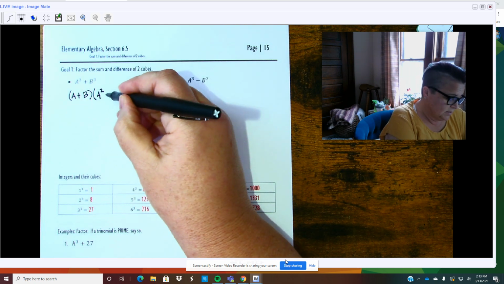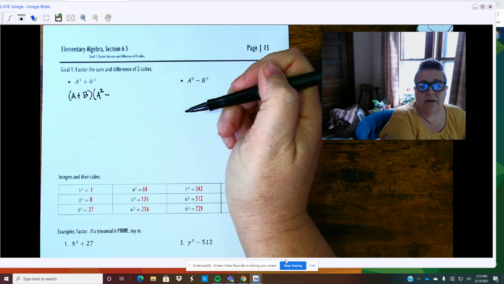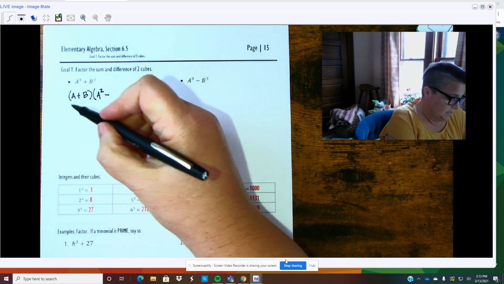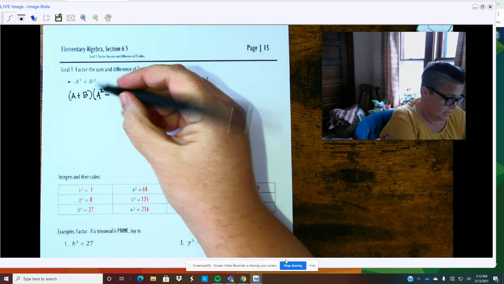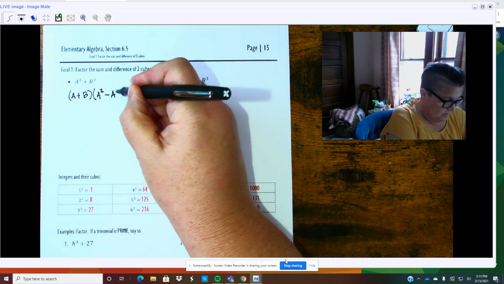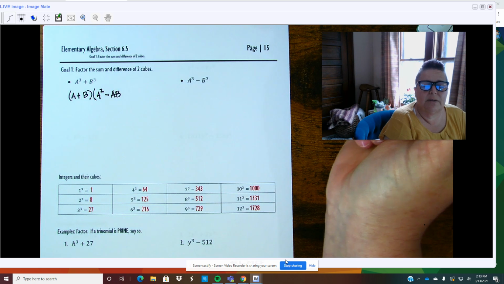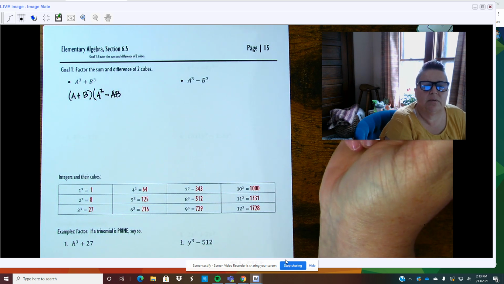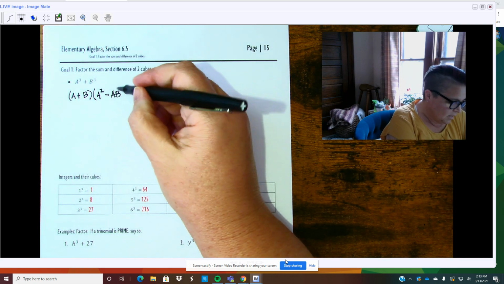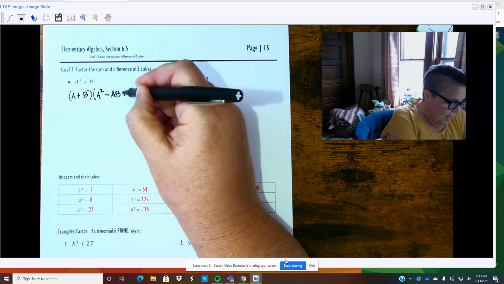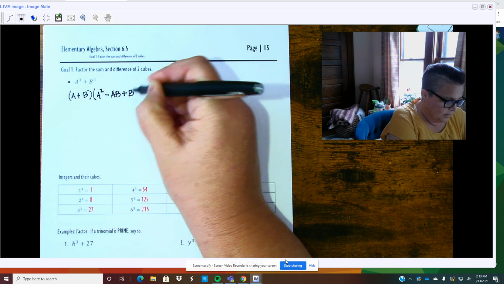This was a plus, this one will be a minus. Then it is the two terms multiplied together, minus ab. And then we will add whatever b squared is.